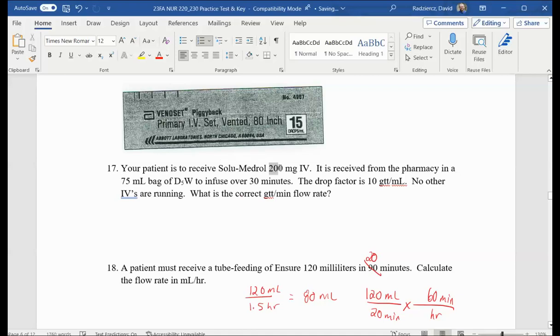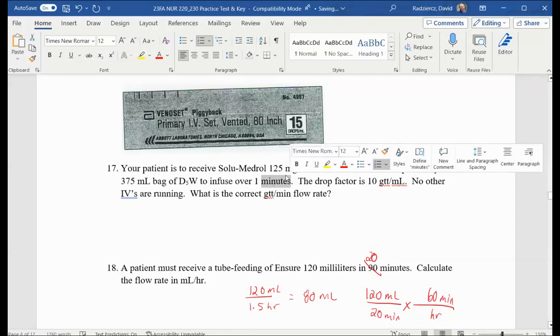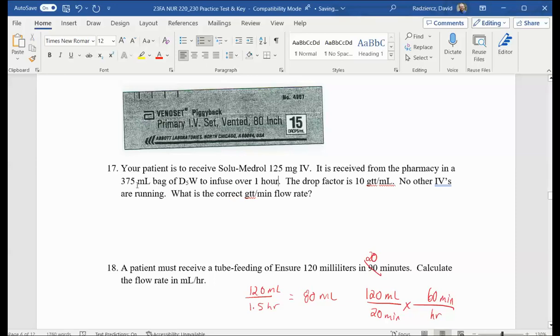So let's make this 125 milligrams, 375 milliliters over, actually, I'm sorry, let's do that over 3 hours. And we'll make our drop factor this time 20. So I'm trying to give you some different factors.